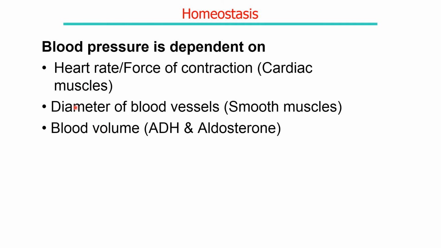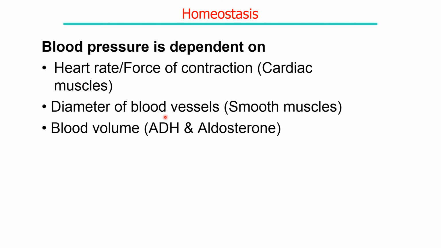So these factors are again controlled by various other factors. The heart rate is controlled by cardiac muscles. These cardiac muscles have their control in the medulla oblongata, the part of the brain, because they are involuntary, so they are controlled by the medulla oblongata. The medulla oblongata can increase heart rate and force of contraction, or decrease heart rate or force of contraction.